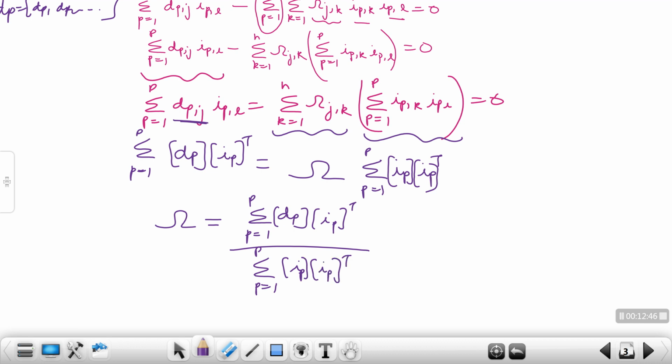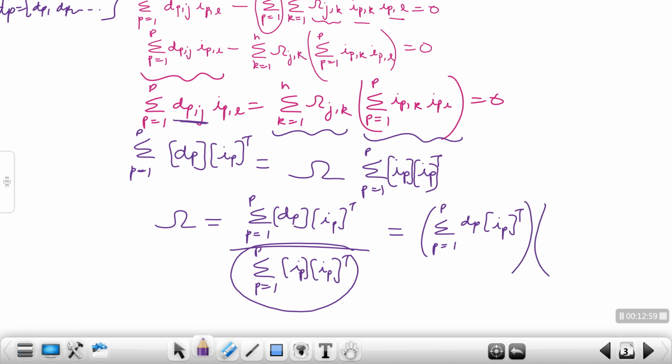Now, this is in the denominator. Denominator means I can get it in the numerator by taking the inverse. So I take the inverse, and I would be getting this.